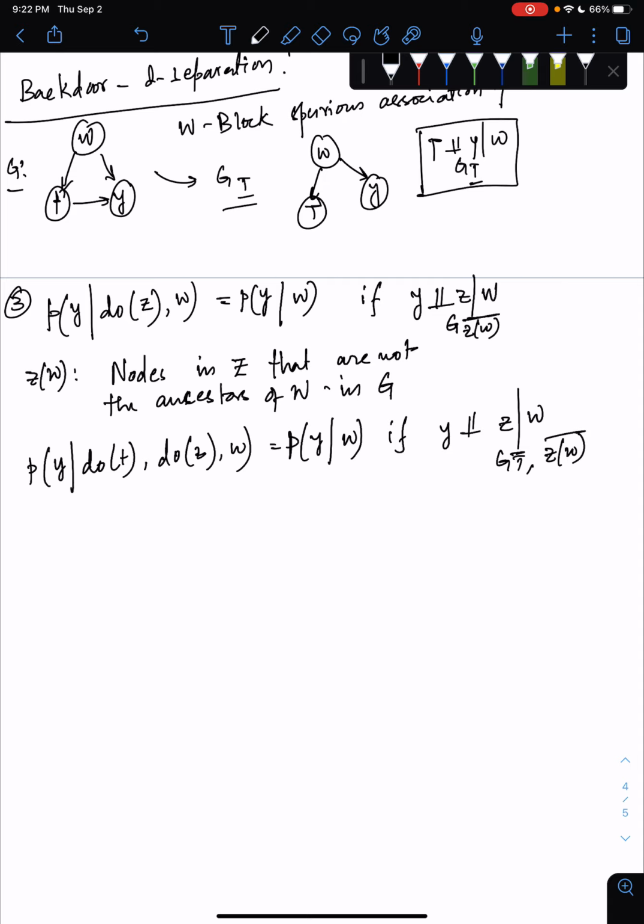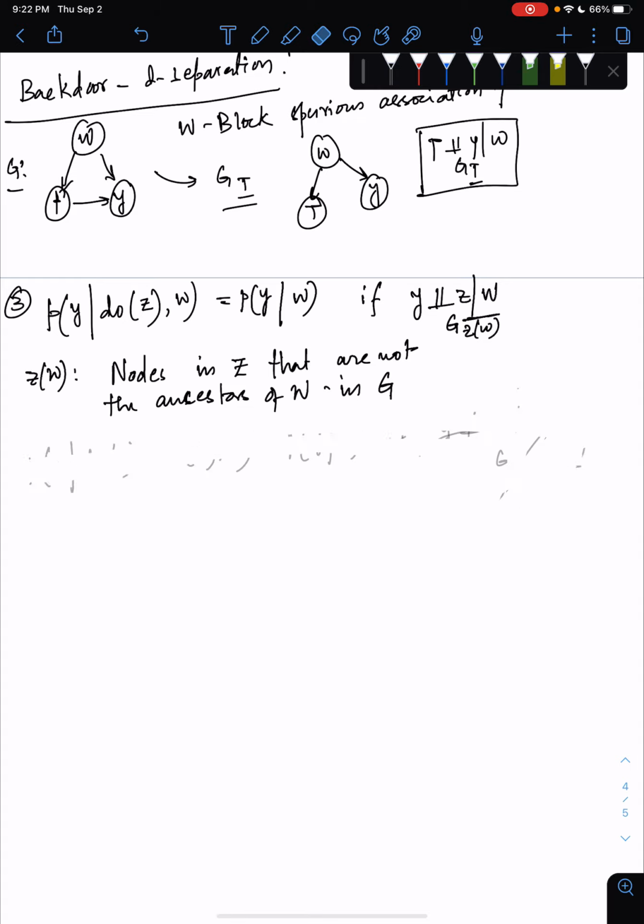So in this setting, when T is not null, Z(W) is the nodes in Z that are not the ancestors of W in G T bar. Because we set the value of T as null, we are in G, so this condition will hold when we are in the G T bar graph. So let's remove this.